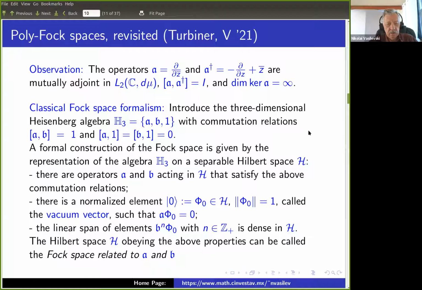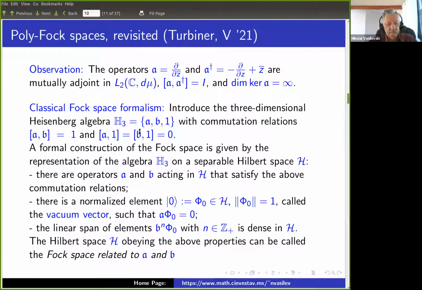Having that, the Fock space formal construction is given by a representation of the Heisenberg algebra on a separable Hilbert space H, so that the operator images of A, B acting in H satisfy the above commutation relation.